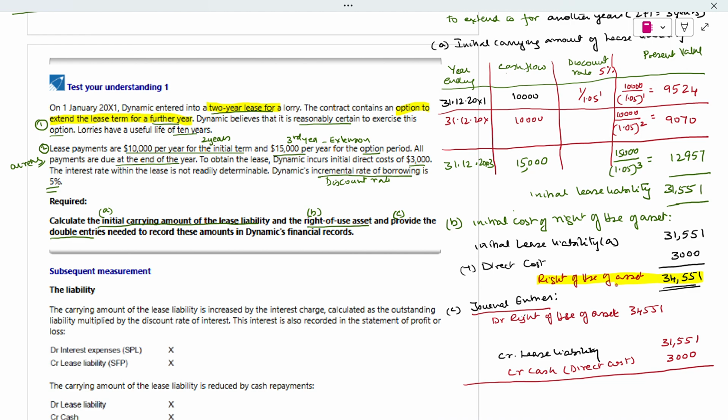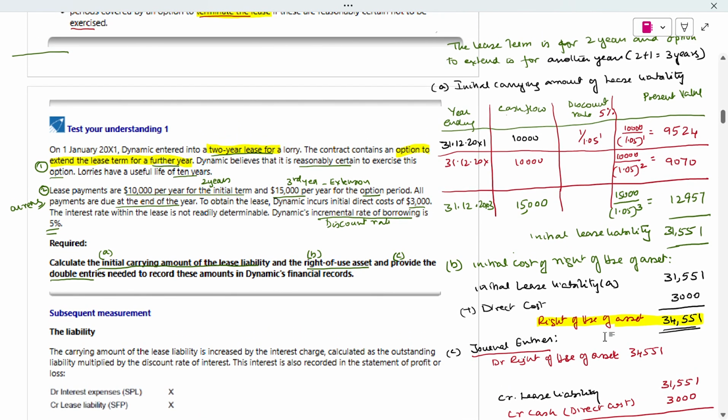All the questions use the same technique, 100% the same. Whether you are doing it here or in SBR, it will not change.